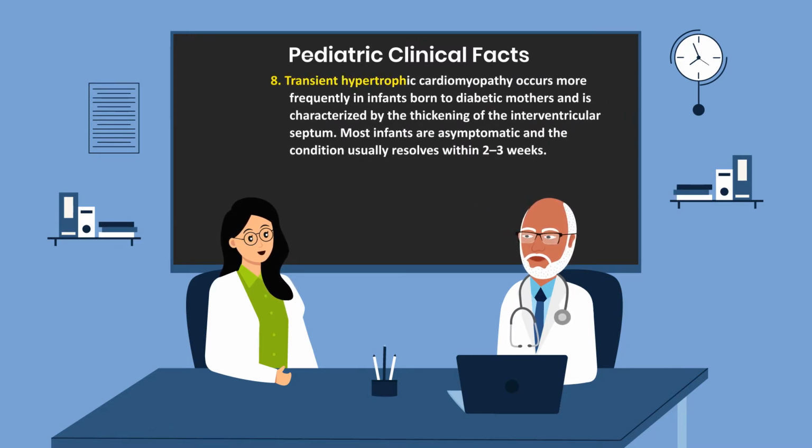Transient hypertrophic cardiomyopathy occurs more frequently in infants born to diabetic mothers and is characterized by the thickening of the interventricular septum. Most infants are asymptomatic and the condition usually resolves within 2 to 3 weeks.